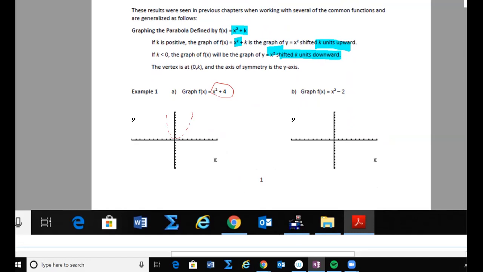So ours is just going to be up 1, 2, 3, 4 units, and it'll do the same thing. Minus 2 would be down here, 2 units down, and it comes up like so.